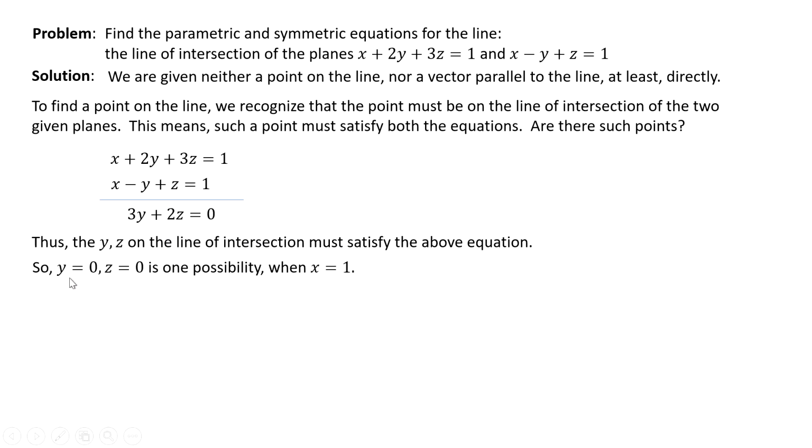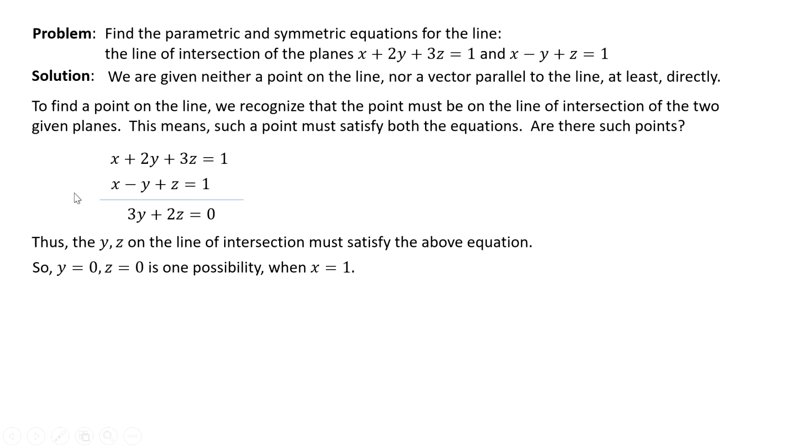So suppose y is equal to 0. Then what happens? Well, when y is 0, 2z would be equal to 0, which means z would be 0. Would you agree? If we pick 0 for y, then automatically z would be 0. So y is 0 and z is 0.